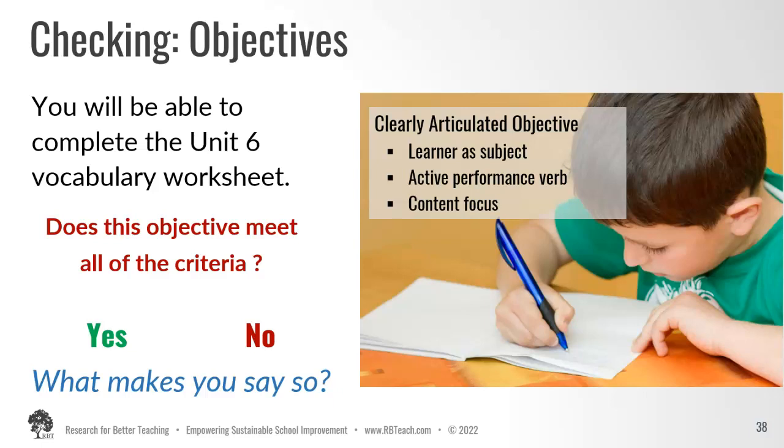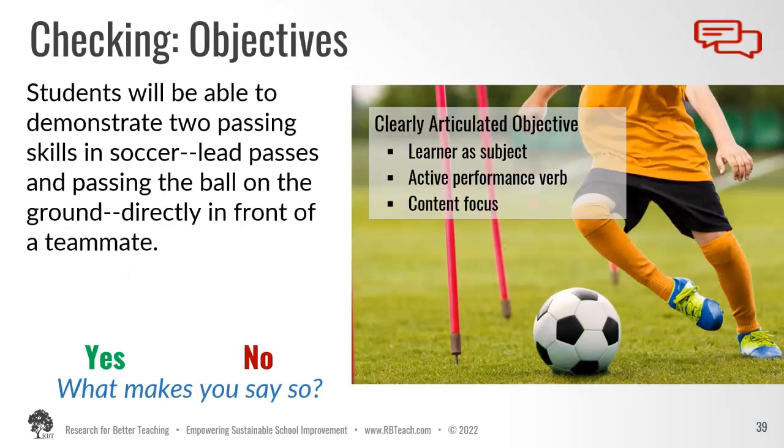We do have learner or subject. We do have a verb, complete. But is that an active performance verb? Is that a high leverage active verb that kids are going to complete a unit worksheet? So there is a verb, but what's the content focus? What's the vocabulary worksheet about? What's the knowledge or new skill used? So that is a no.